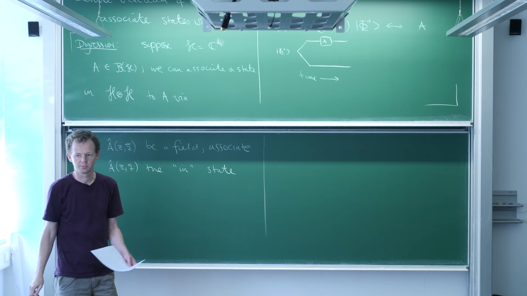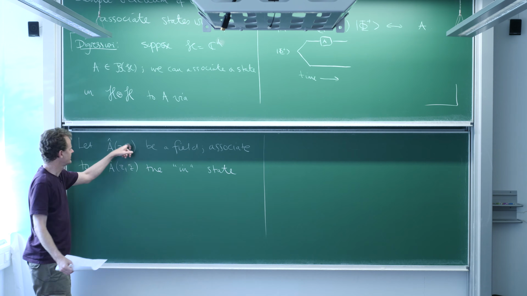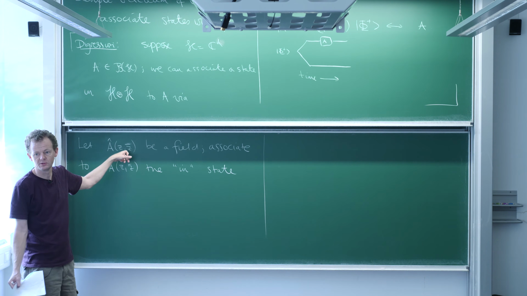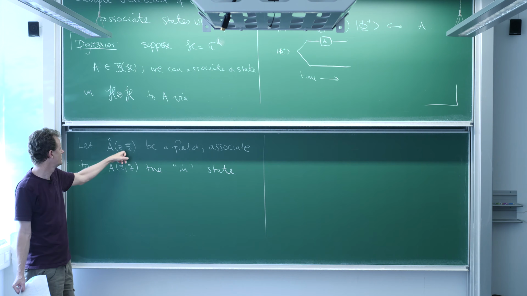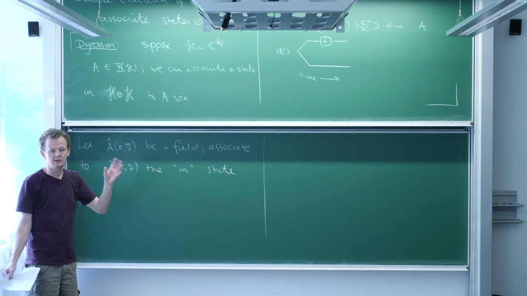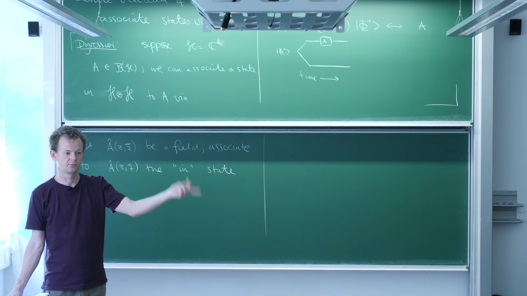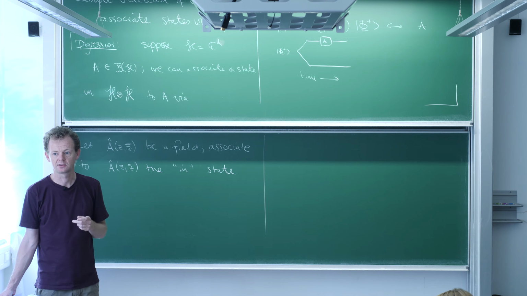Now, if you have a field operator, that's an operator which acts at some point in space-time, notice we're using complex coordinates now for our space-time, then you can associate to any field operator an in and an out scattering state. You just run time backwards or run time forwards and have A act on the vacuum.